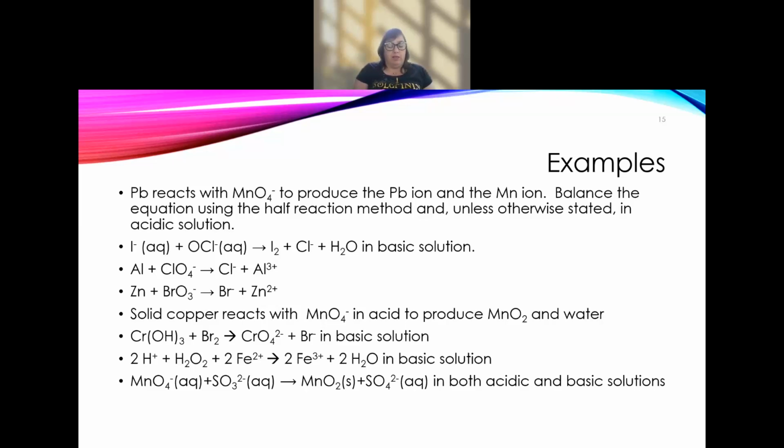However, this is basic solution, so we add 2 OH- to both sides of this reaction. That gives me 2H+ + 2OH- + H2O2 + 2Fe2+ goes to 2H2O + 2Fe3+ + 2OH-. Combining the H+ and OH- on the reactant side, I get 2 waters.